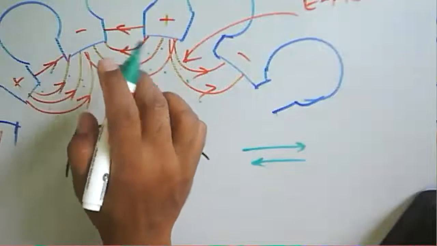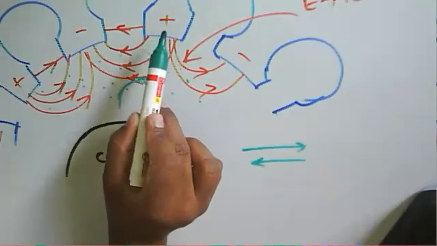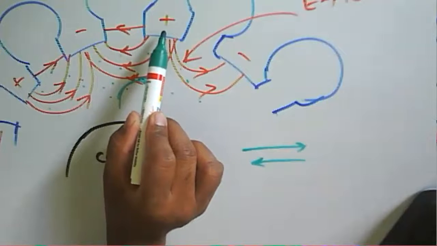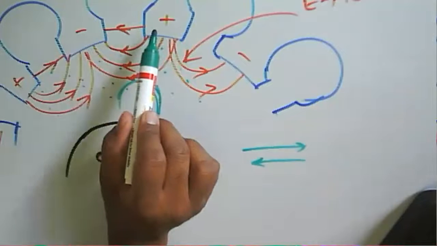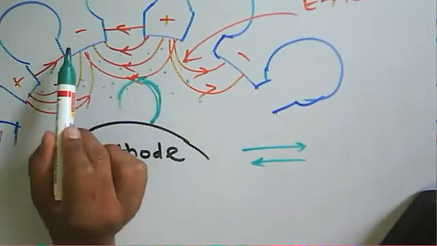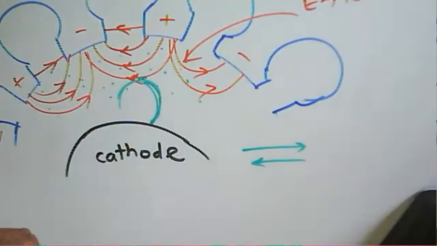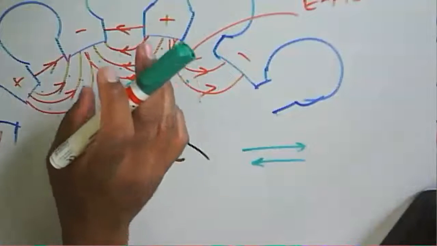But since this cavity has alternating polarity, the electrons will be displaced here, so they will not reach that particular region.